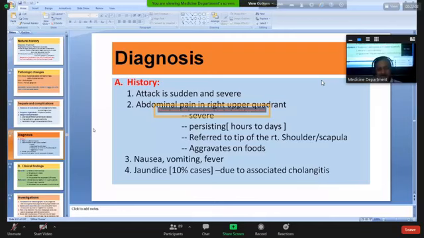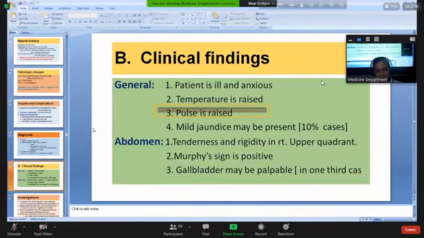On clinical examination, whenever we examine the patient, there will be manifestations of acute inflammation in the system and in the abdomen. On general examination, the patient appears ill and anxious, temperature will be raised, pulse rate will be correspondingly raised, and the patient is mildly jaundiced. The temperature is increased due to acute inflammation, and the pulse rate is raised because for every degree Fahrenheit of temperature, there is a rise of pulse rate of 10 beats per minute.